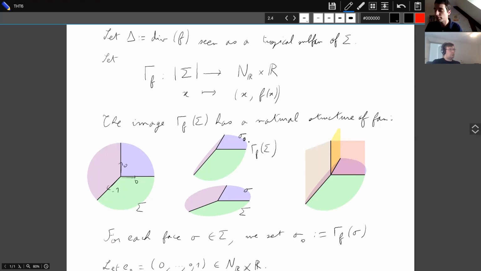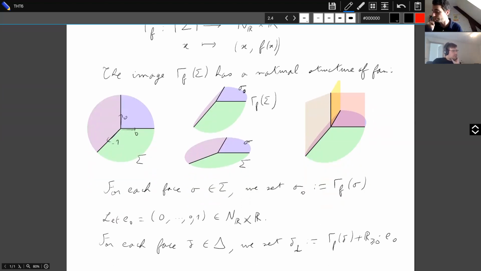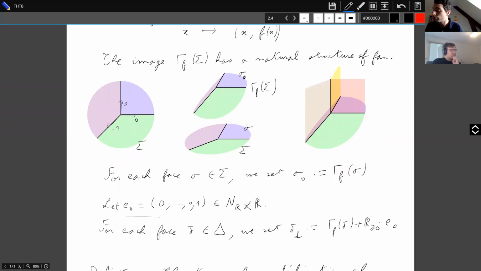It is not balanced. To make it balanced, there is a natural way to do so, which is called the tropical modification. So we call E0 the vertical unit vector.